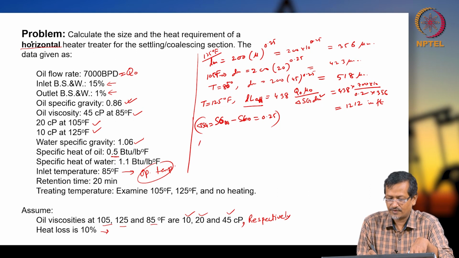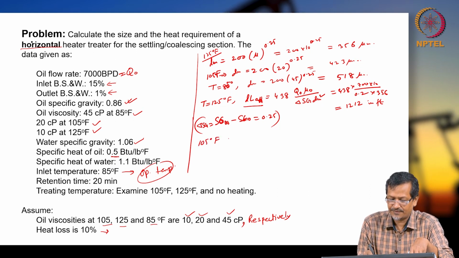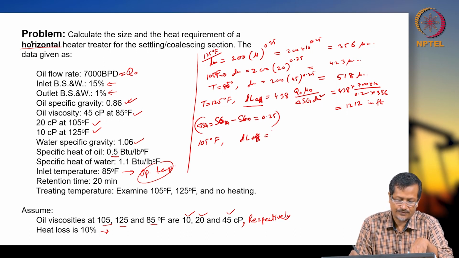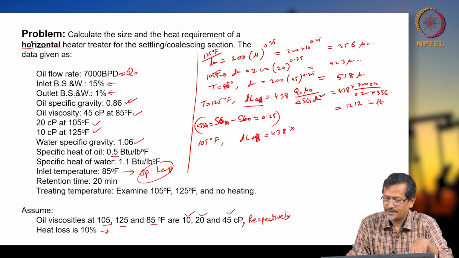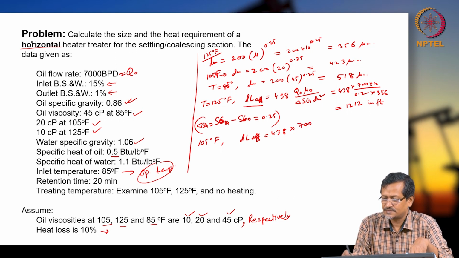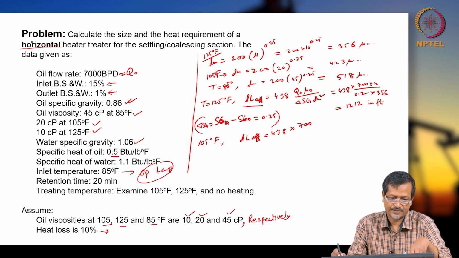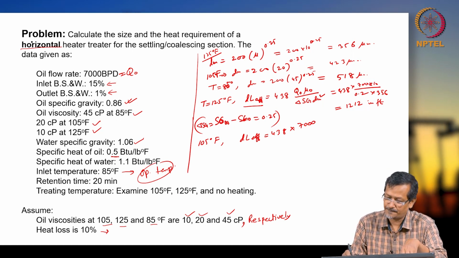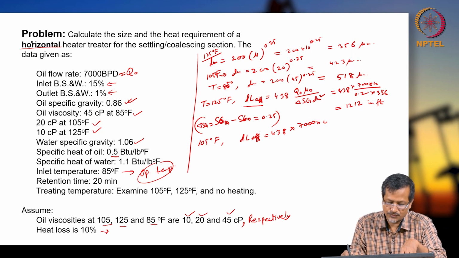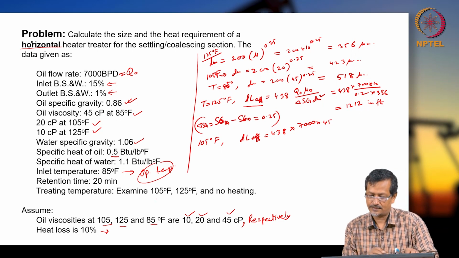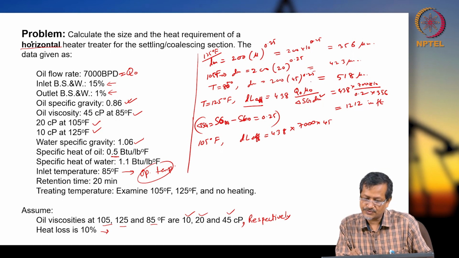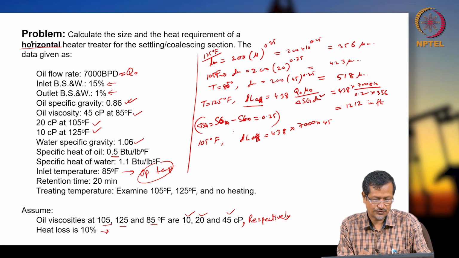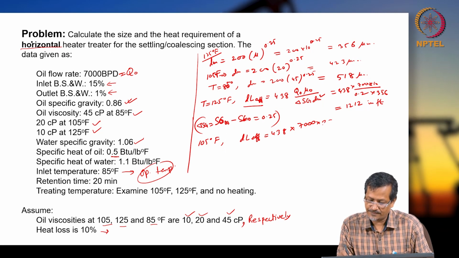Now if I calculate for 105 degree Fahrenheit, d Leff will again come to a different value. So 438 again into flow rate 7000 BOPD, barrels of oil per day, into viscosity. Why not 45? At 105 degree the viscosity should be 20, not 45.